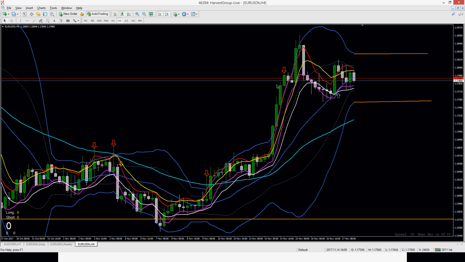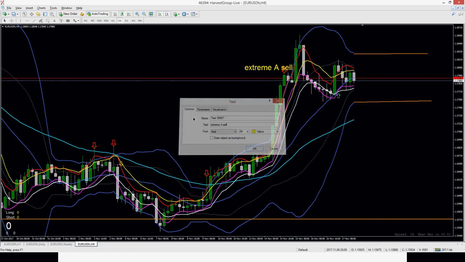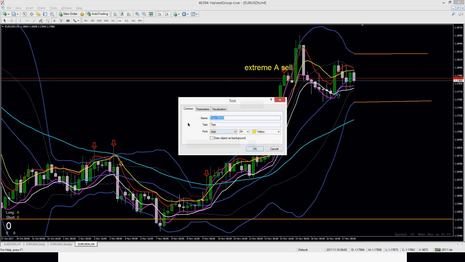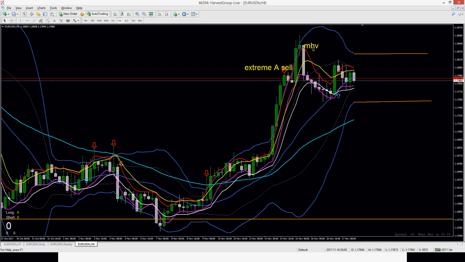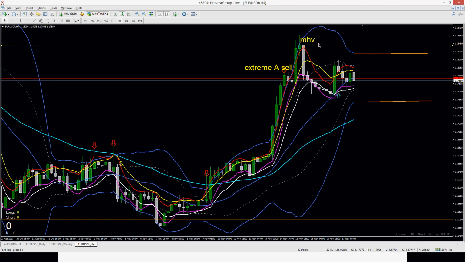So what we have here is extreme A, and obviously you have MHB on the top. However, with this MHB, the price went up, the price went down, but there hasn't been any indication of a candlestick pattern.